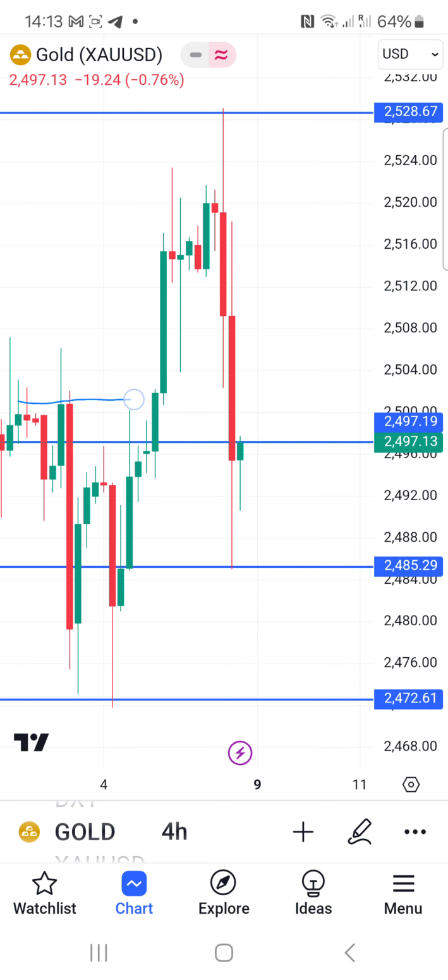Previously there was resistance here which was broken at this point, until it went further to make a high here. Then it dumped lower until this. We are working with ranges, so we can say that all this area is a range. So the price is in this range.